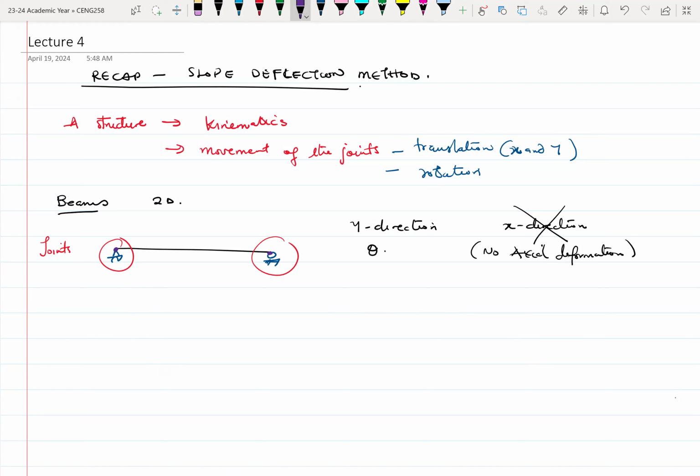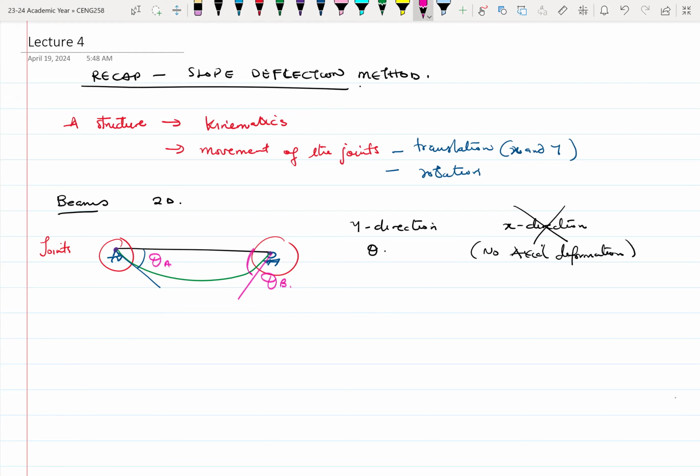What are the kinematics of this particular joint, right? With a simply supported beam, we know that if you draw the deflected shape, this is how it looks. There will be rotation in both, so there will be theta A and theta B. These rotations or displacements are what you call the degrees of freedom, right?